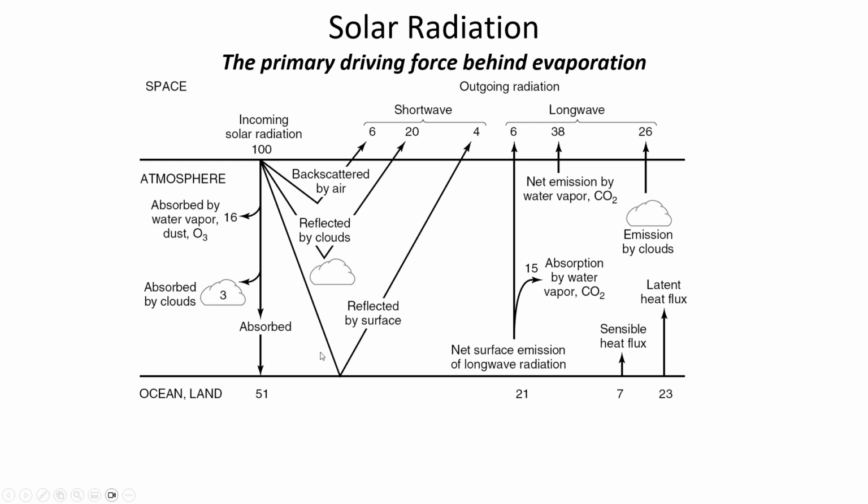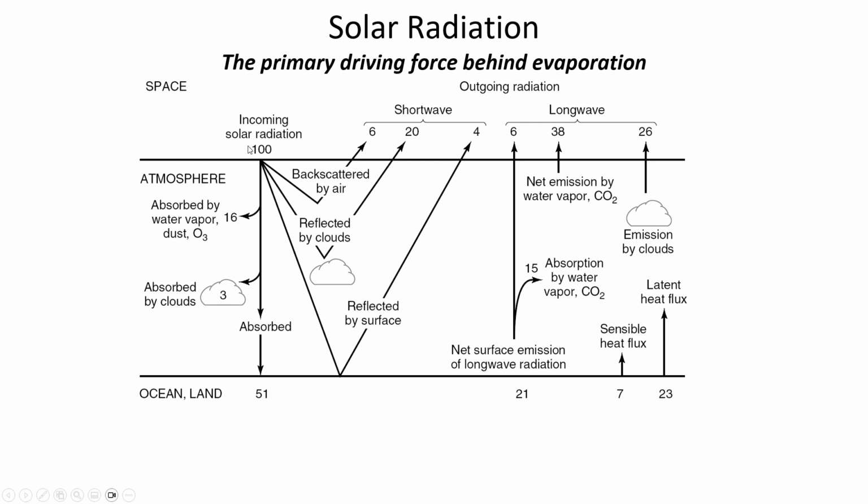Some is reflected by clouds, some by the surface, but about 30 units of incoming solar radiation will be reflected, whereas 70 units would be absorbed and then reflected again later.